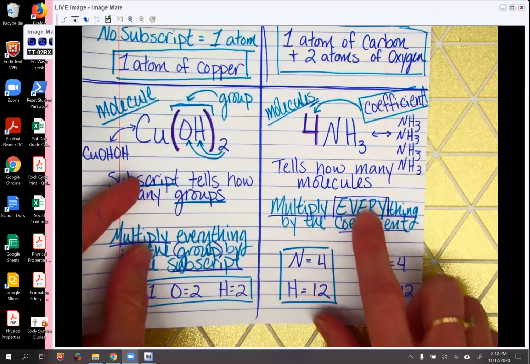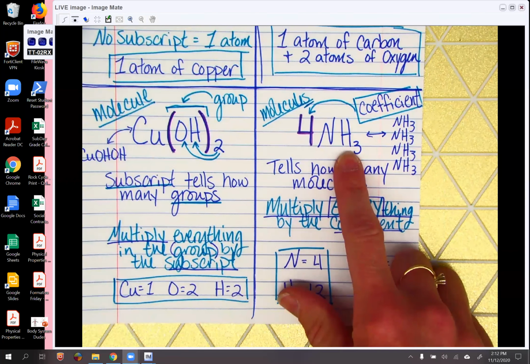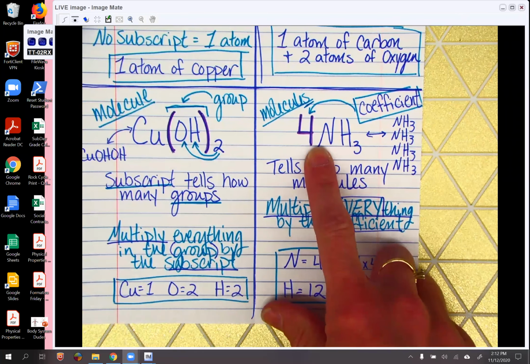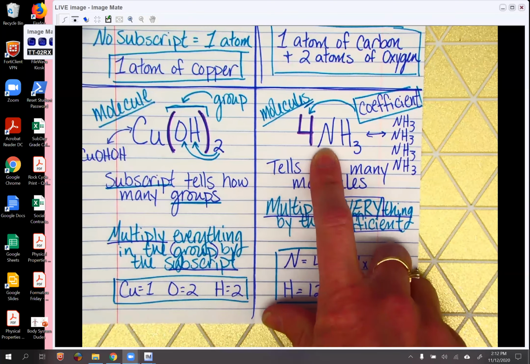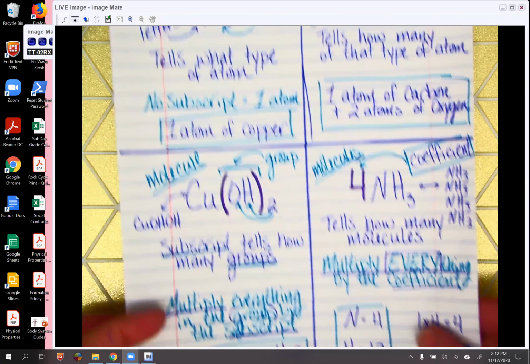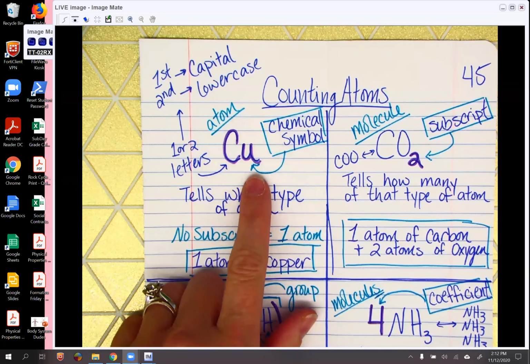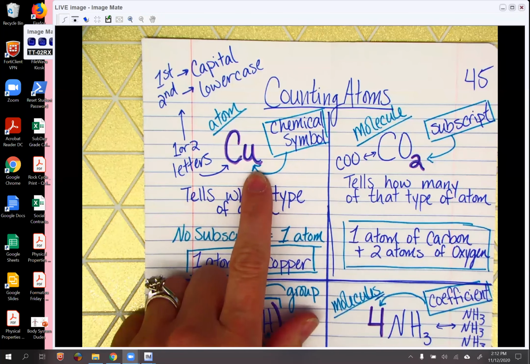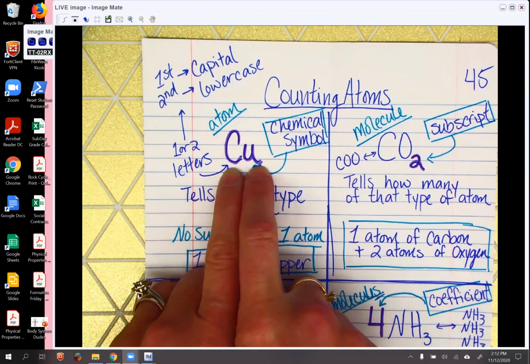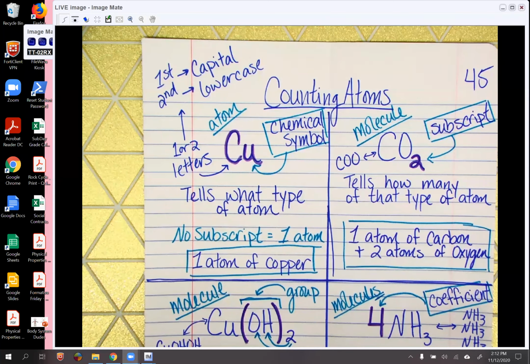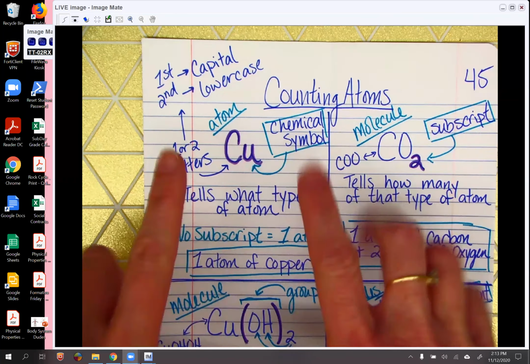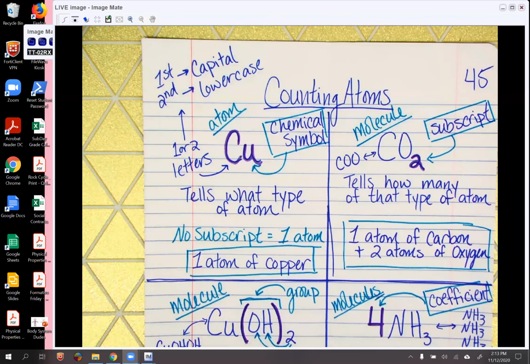So hydrogen has a 1-letter chemical symbol, so it's always the capital H. Nitrogen has a 1-letter chemical symbol, so it's the capital letter N. You only have a lowercase letter if the chemical symbol has 2 letters. So like copper is Cu, or sodium is Na, or gold is Au. If that symbol for one element has 2 letters, then the second letter is lowercase.